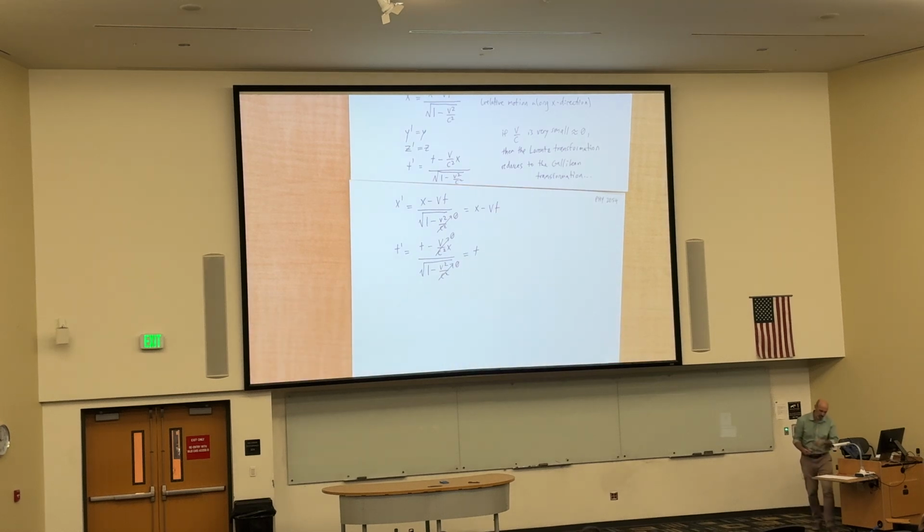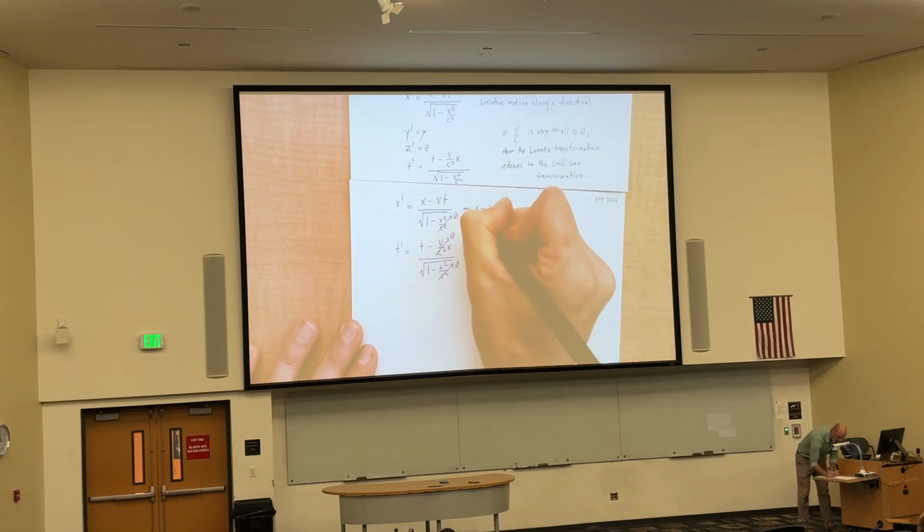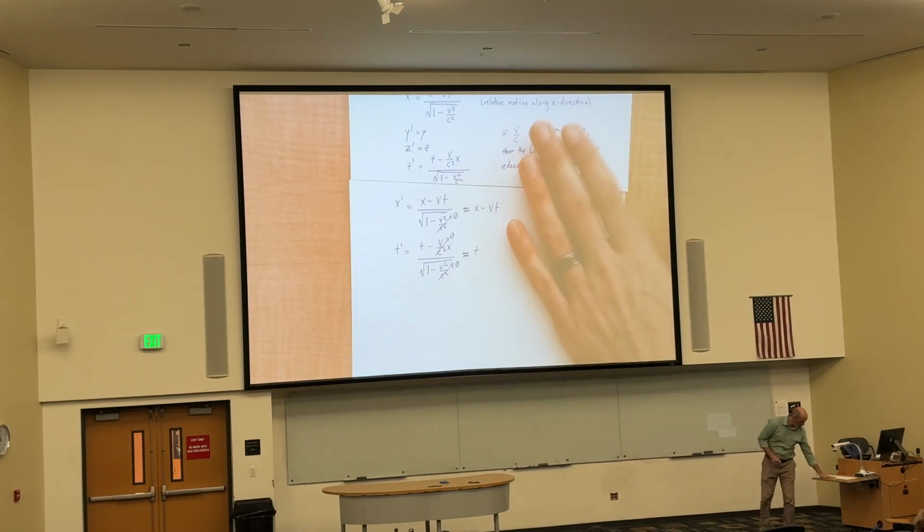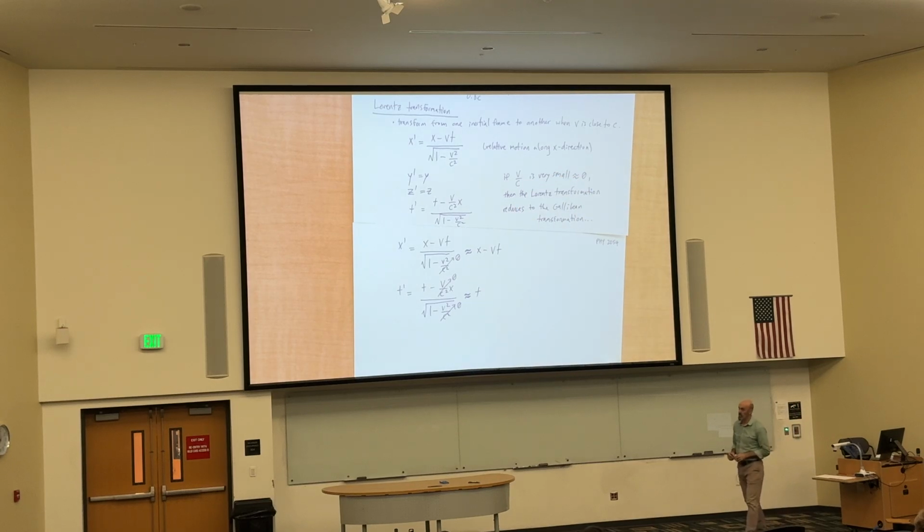So I'm going to make these little squiggles approximately equal to t. So this basically just reduces to the Galilean transformation when v over c is very small, which is good, because that way it's giving us something that is more general. So the Lorentz transformation contains the Galilean transformation within it, right? It works out to the same thing for very small values of v.